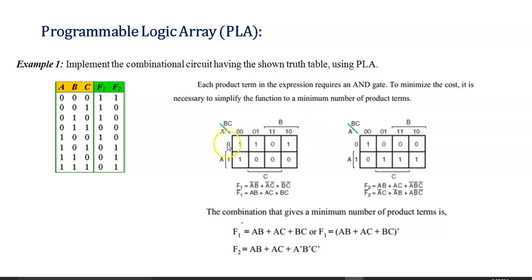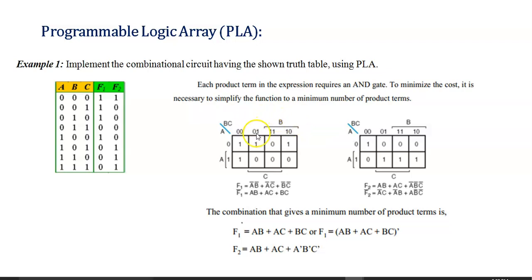Whatever is the MSB you need to write over here, 0 1, and whatever the LSB bits are, BC, you need to write here. As there is only one variable, the options are 0 and 1. As there are two variables, the options are 0 0, 0 1, 1 0 and 1 1. Here you are using gray coding.